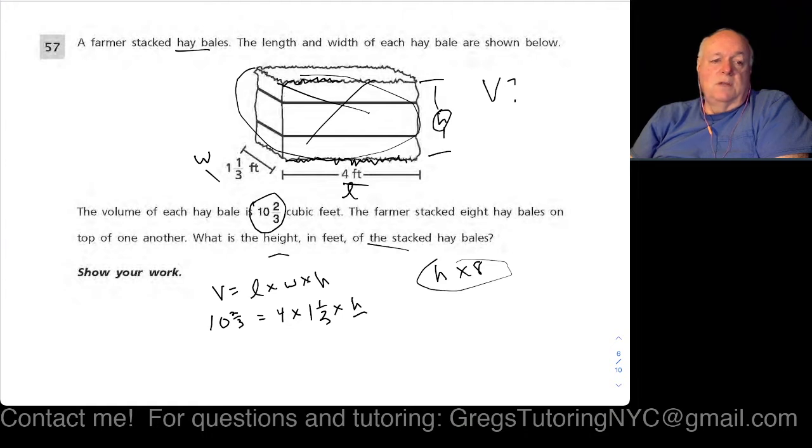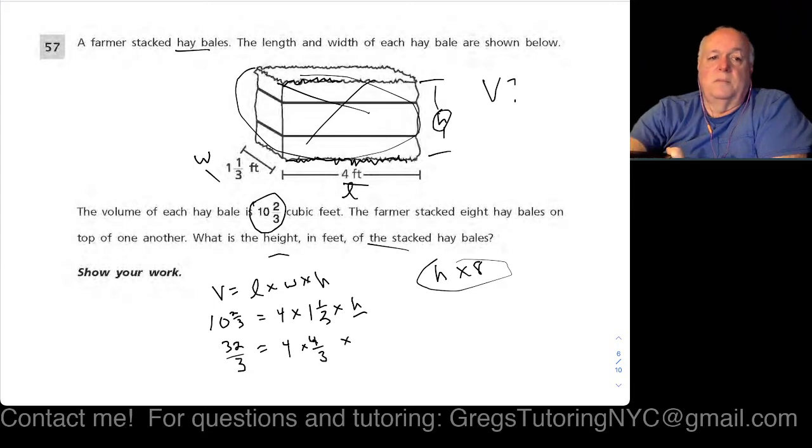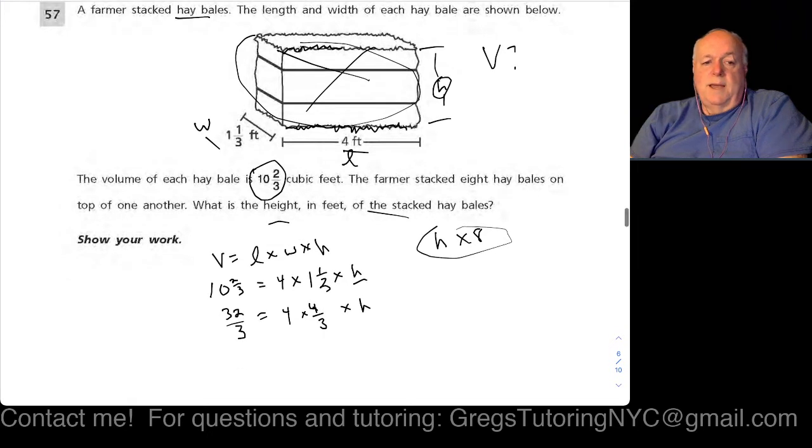So let's convert everything into fractions. 10 2/3 is 32 thirds, right? 10 times 3 is 30 plus the 2. 4 is 4. 1 1/3 is 4 thirds, times h. And that is equal to 16 thirds, right? 4 times 4 is 16.